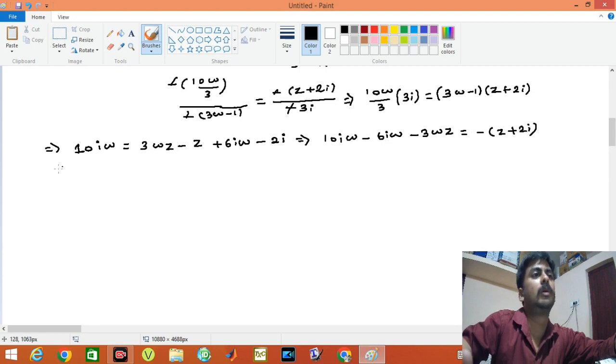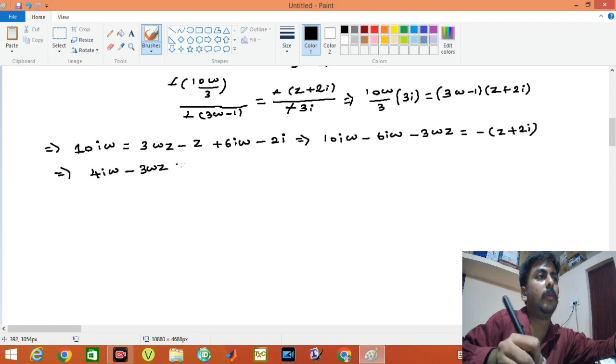This implies 10iw minus 6iw is 4iw, then minus 3wz equal to minus of z plus 2i.